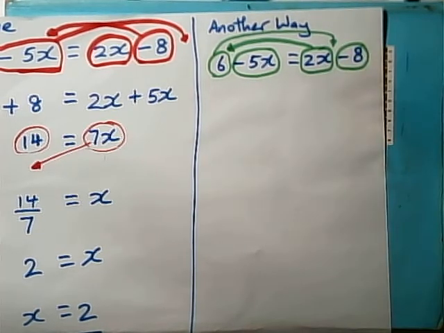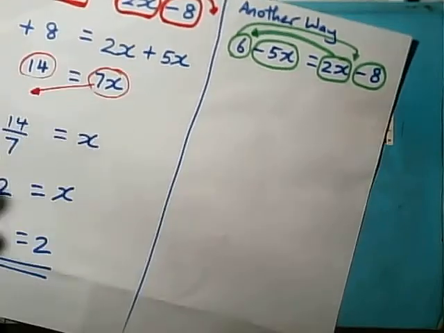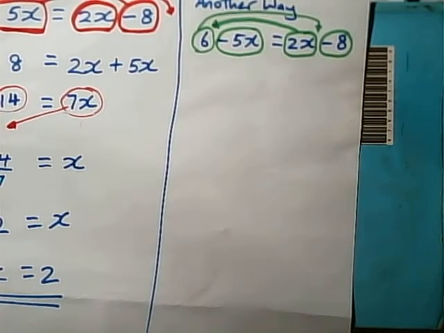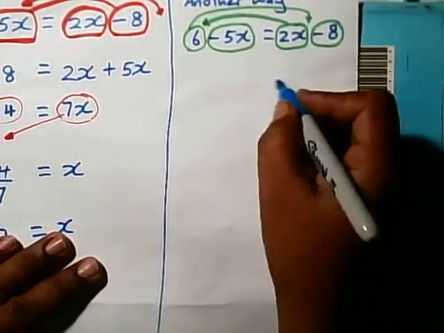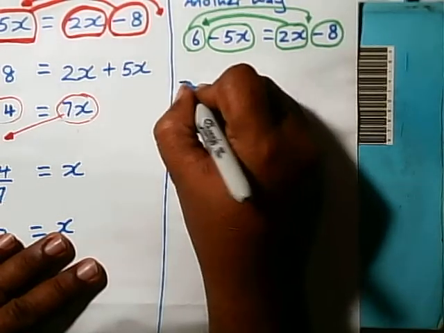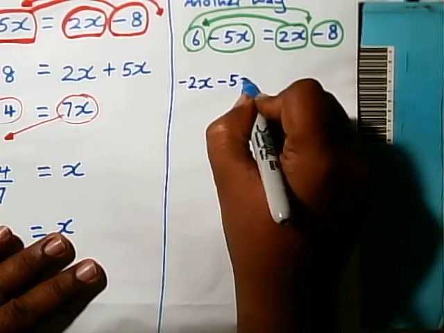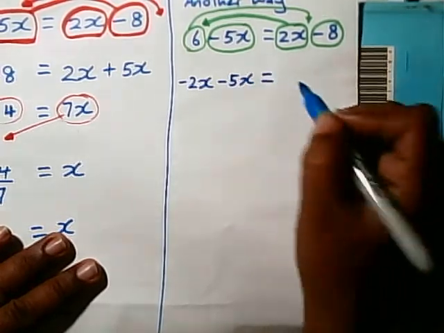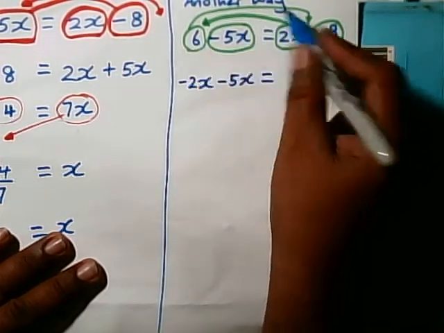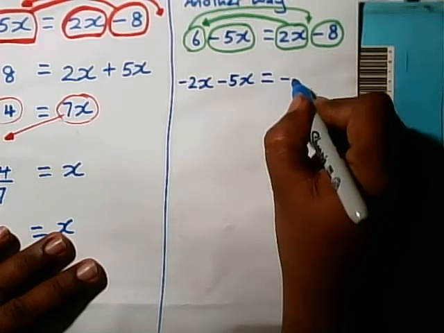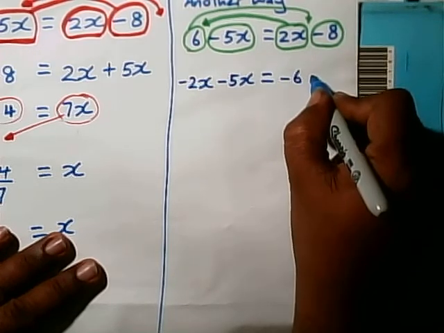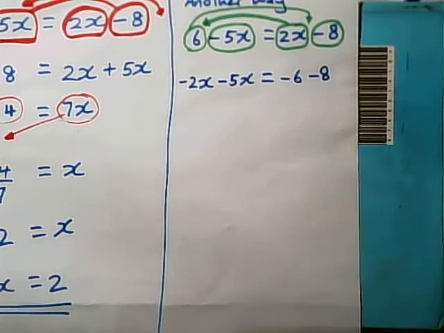So let's write out now what we get. 2x goes across and now it's a negative 2x. The minus 5x has not moved. Bring down the equal sign. The 6 has now moved to this place and it's a negative 6. Bring down the negative 8.